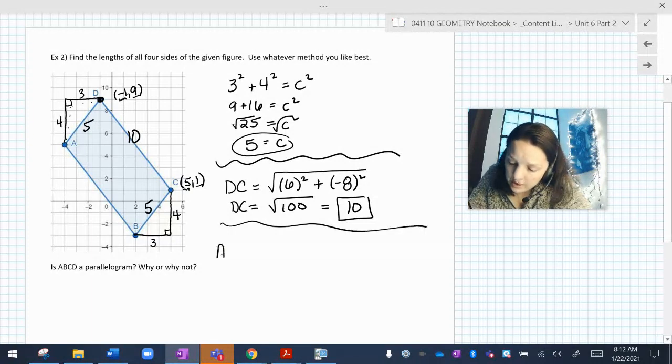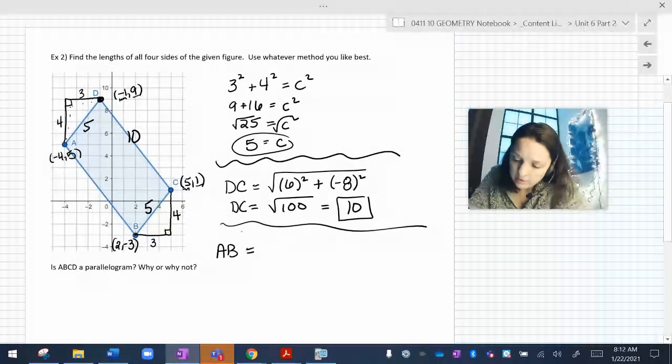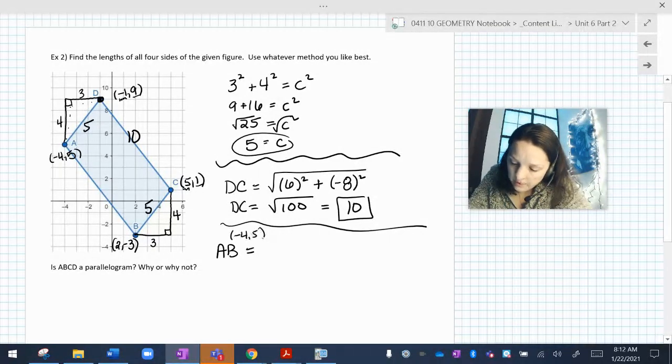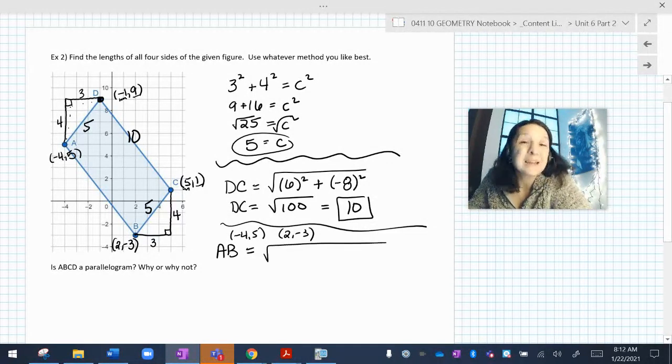All right, and let's do AB now. So A is the point negative 4, 5. B is the point 2, negative 3. So negative 4, 5, 2, negative 3. And so if I do my distance formula, and again, I'm going to do it my way because I can, and I'm the one making the video. So, I get to make all the choices. All right. So AB, I got negative 4.